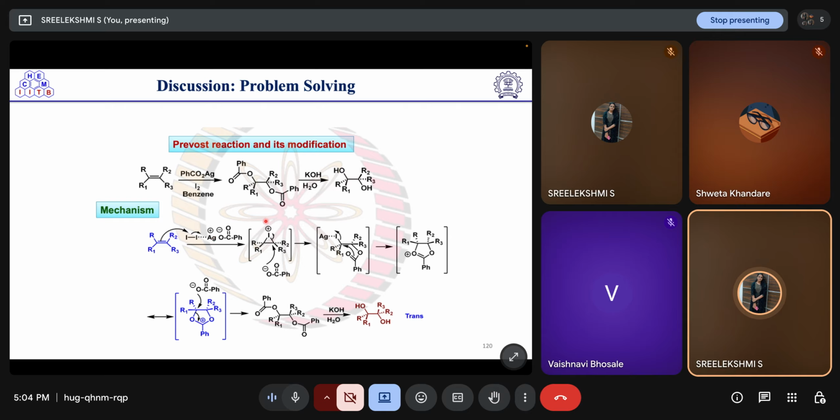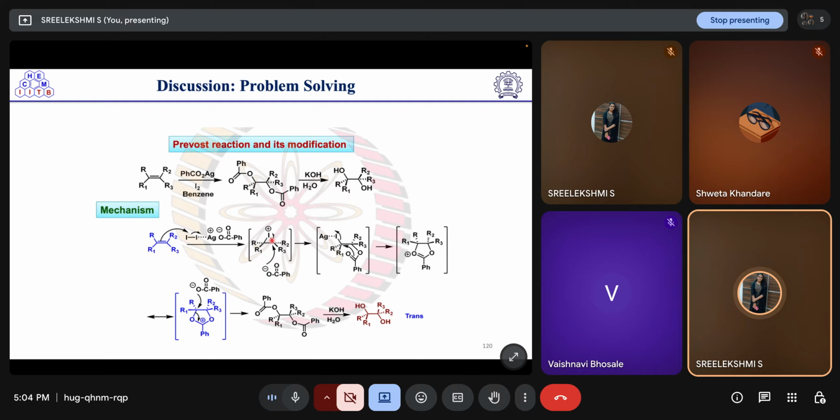So we will be getting the corresponding iodonium ion with the positive charge on iodine. A three-membered ring with a positive charge on iodine is called an iodonium ion, and this is the counter ion. Whatever silver salt we are using has a positive part, that is silver, and a negative part, that is the benzoate. So this iodonium ion will be stabilized by the counter anion, that is this benzoate.